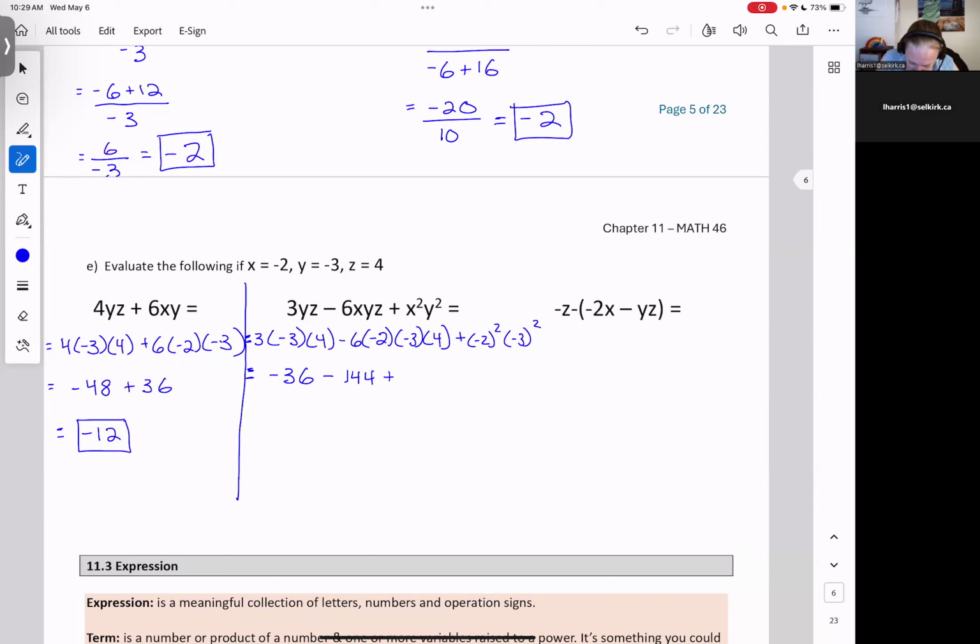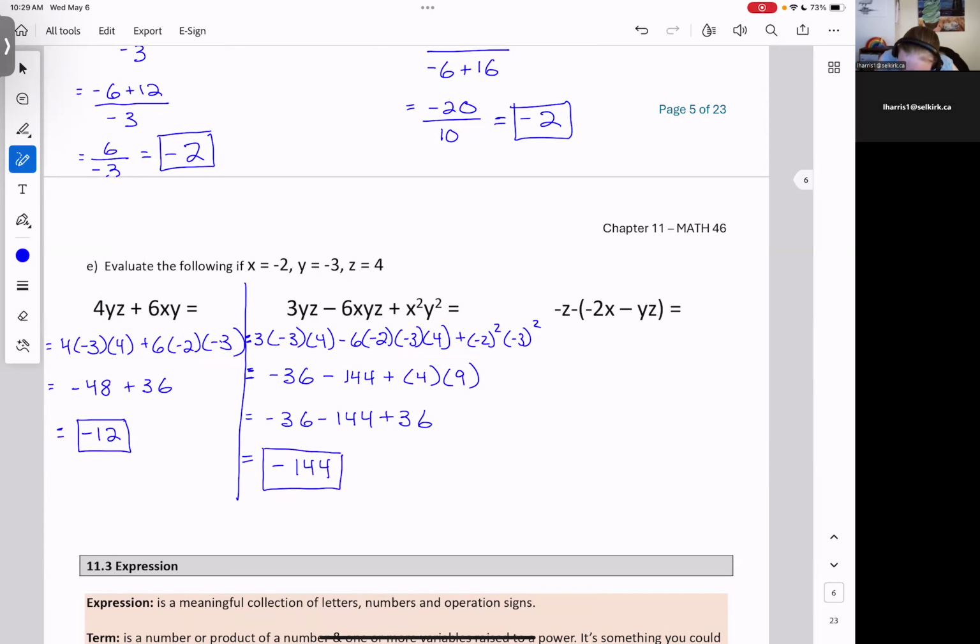We've got -2 squared gives us 4, and then -3 squared gives us 9. Now let's do that multiplication, and that would give us 36. And then we can add and subtract left to right. So -36 minus 144 plus 36 ends up giving us -144.